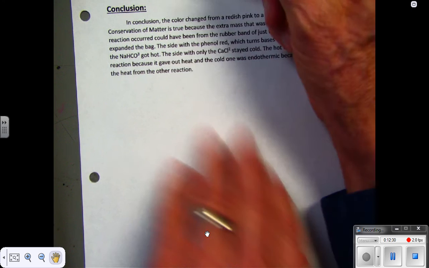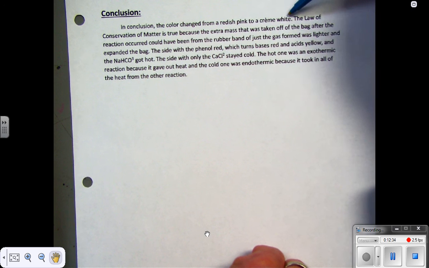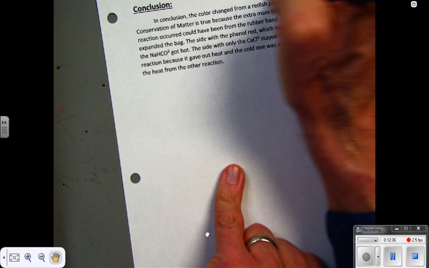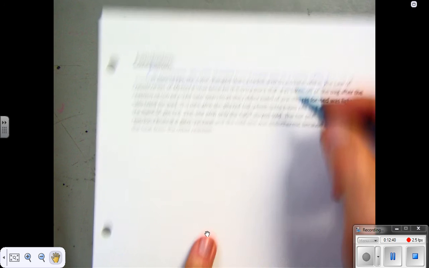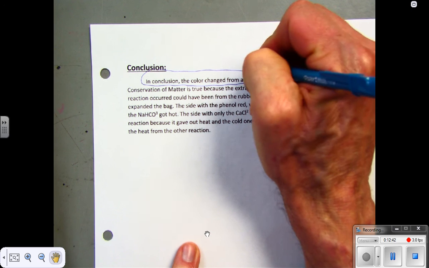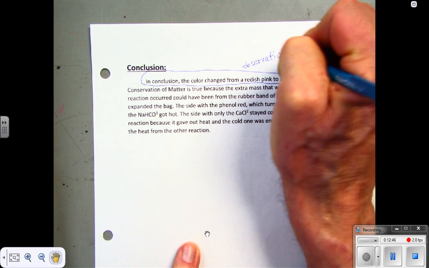Okay? Now, conclusion. Color change from a reddish pink to a cream white. That is an observation. I hope you're watching carefully, folks.